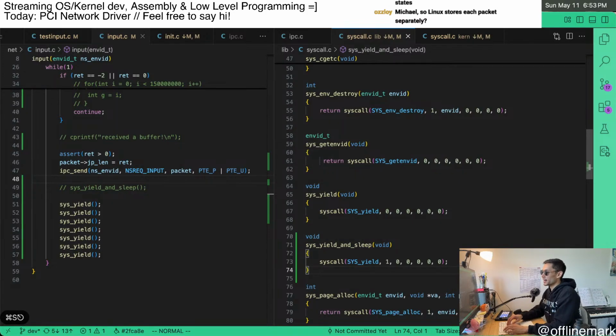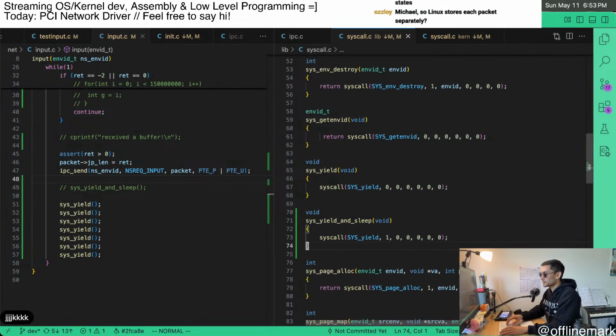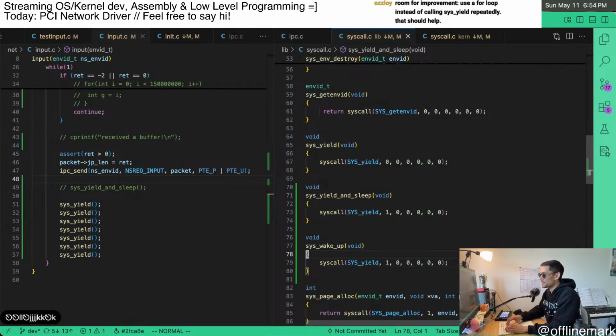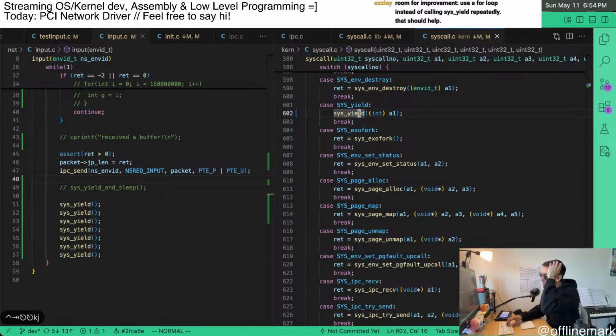And now we need to add a system call for this kind of strange wake up thing. Use a for loop instead of calling sysyield repeatedly. That could definitely help. So now we have our sys wake, which is sort of weird.